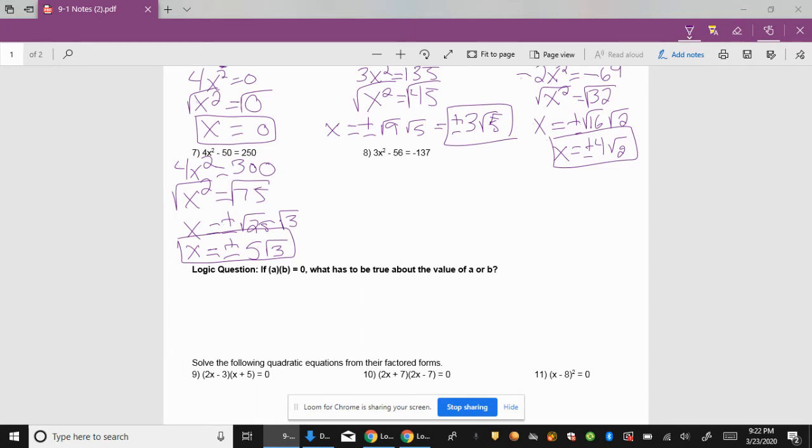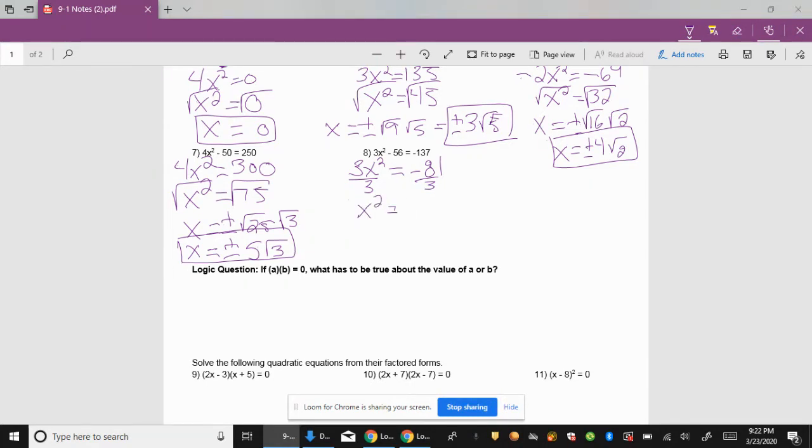Okay, 8. So 8's the one where I said it goes off pretty normally, but then something at the end happens a little bit different. So if we add 56, we end up with negative 81. Divide that by 3.